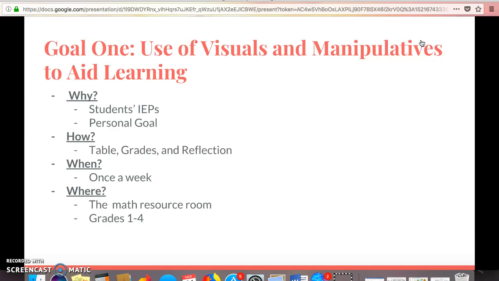Sort of how I kept track of this, I had a table in which I could describe briefly my lesson just for the sake of remembrance, since most days are pretty crazy, as we all know. And then I had a reflection piece for both me, how I thought it went, and how my cooperating teacher thought my visual modeling or manipulatives incorporation went.